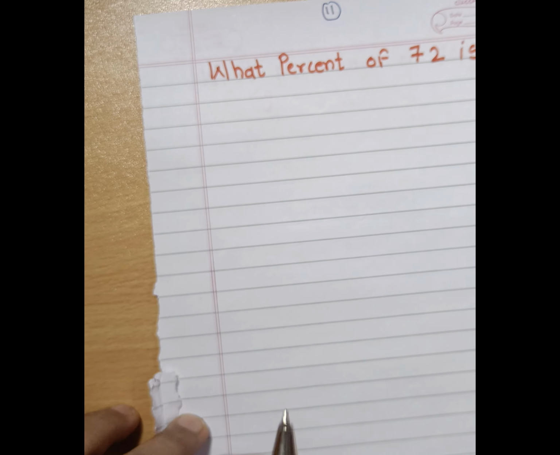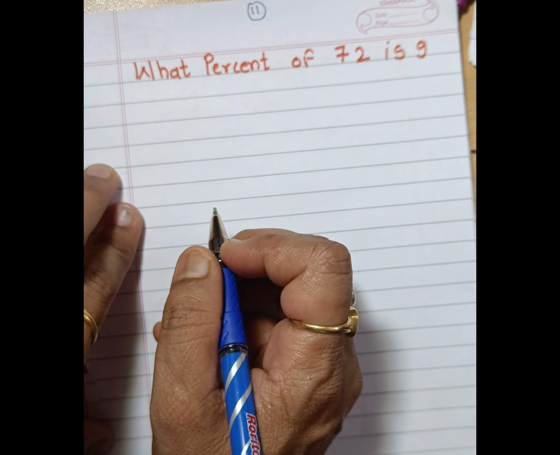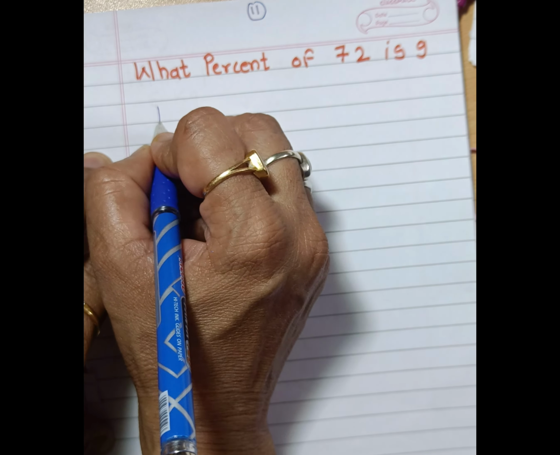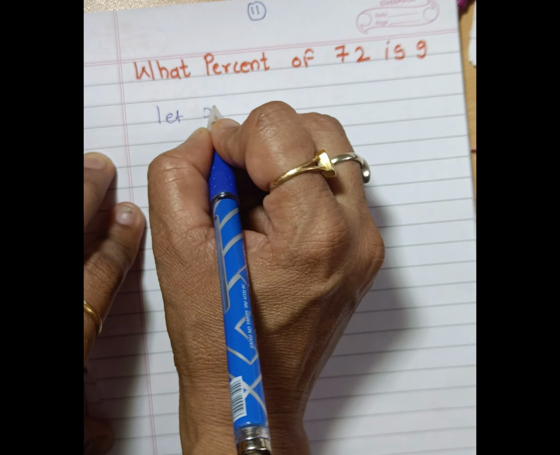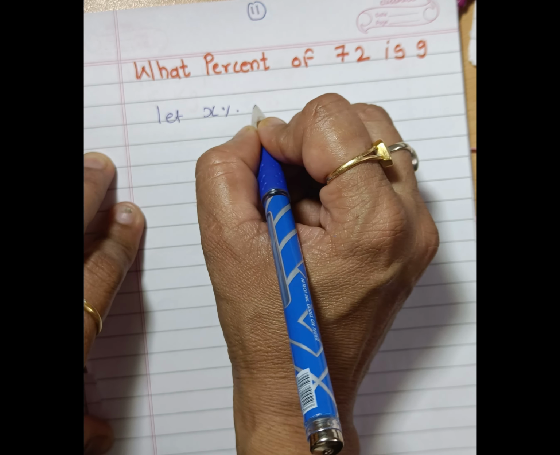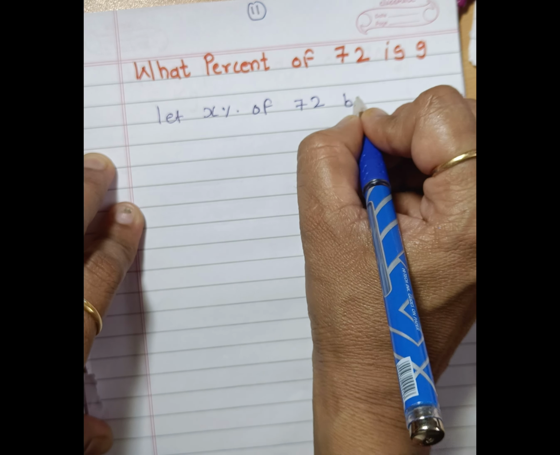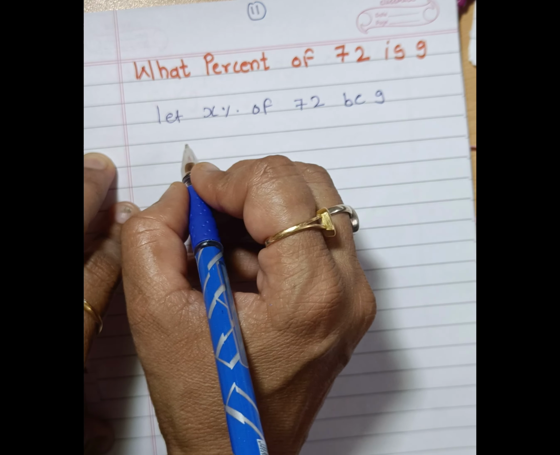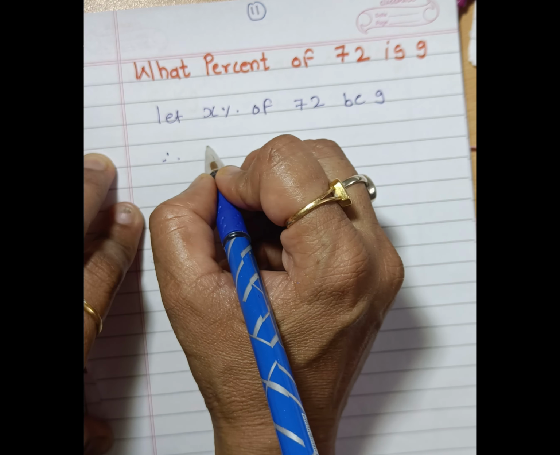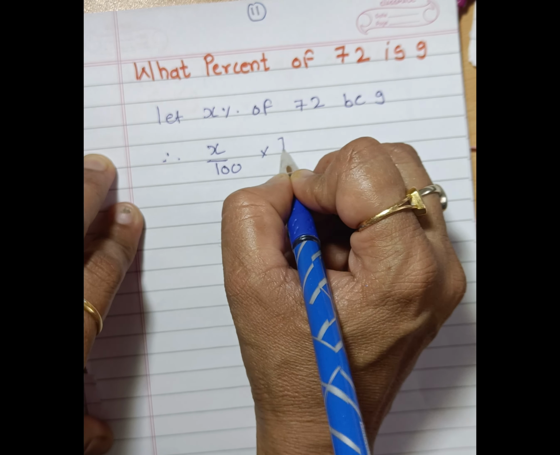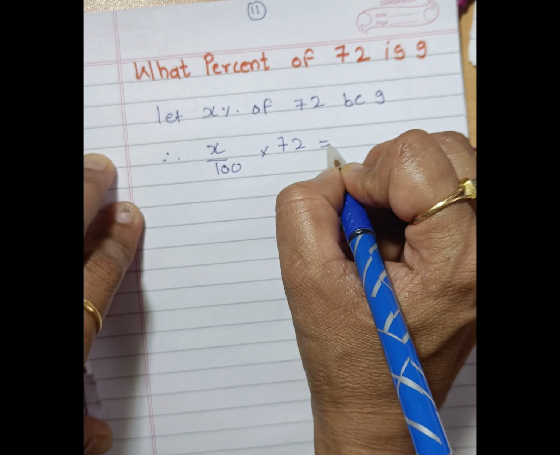Now we will learn what percentage of 72 is 9. Let x% of 72 be 9. Therefore, x by 100 multiplied by 72 is equal to 9.